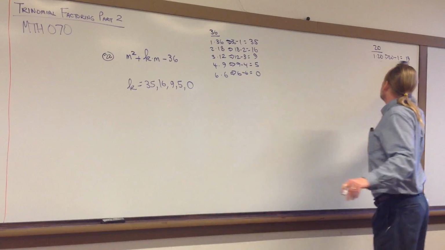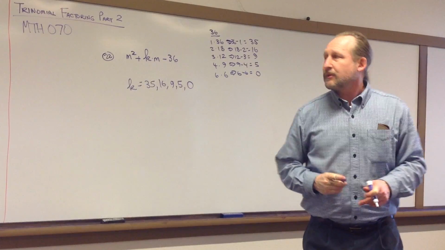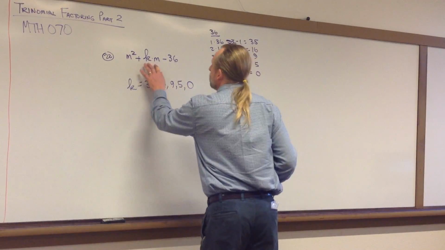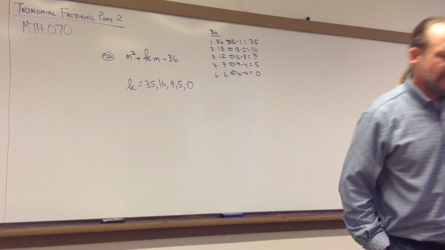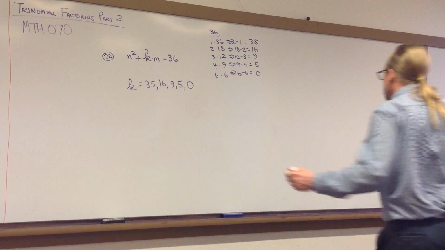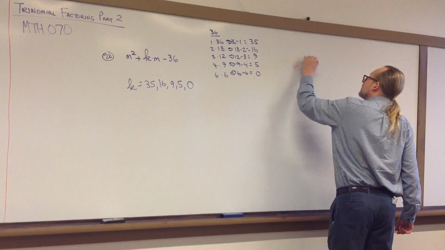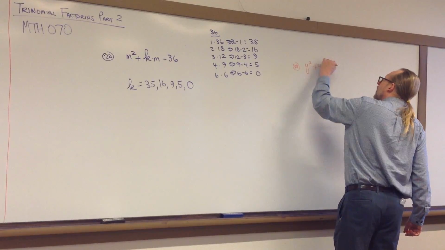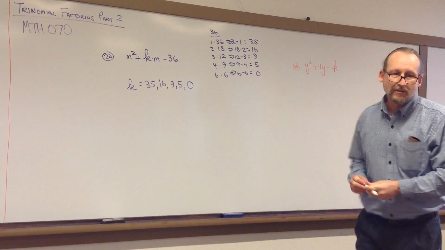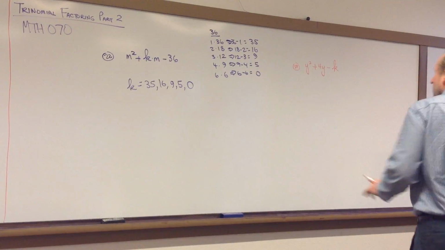All right. Now the ones on the next page are similar to this, but they're a little bit different. We move the k from the middle to the end. And that changes how things work a little bit. So, for example, 24, we've got y squared plus 4y minus k. All right, so here's the thing.